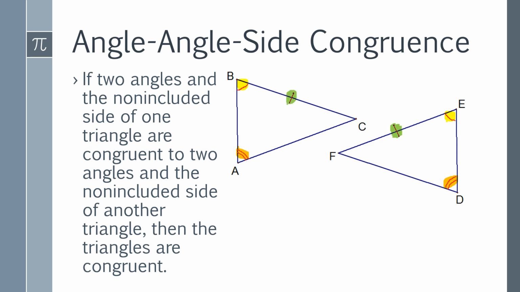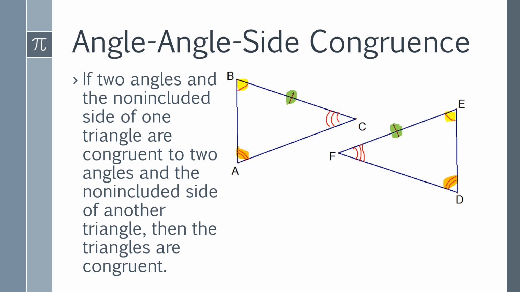Well, if you remember, we learned a theorem called the third angle theorem, which says if angle A is congruent to angle D and angle B is congruent to angle E, then the remaining two angles are congruent. Well, that would look like angle side angle.